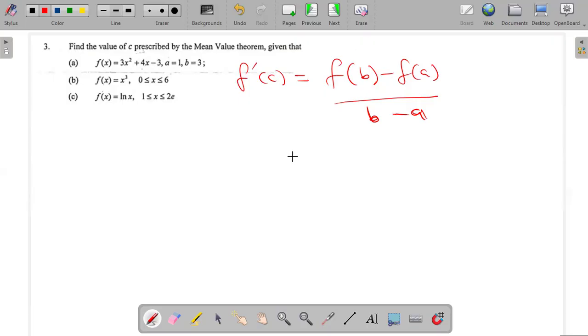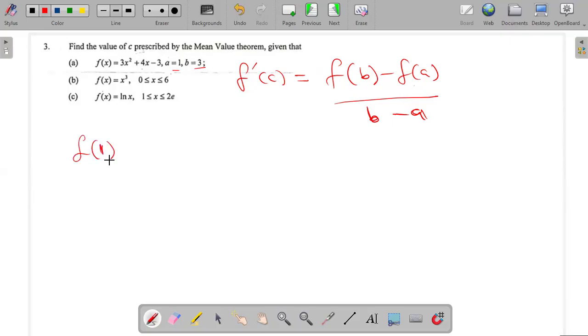It actually affirms that the slope of a line is just when you differentiate and evaluate at that point where you are, then you get the slope at that point. Now, in this case, we've been given our a and our b. So the first thing we do is find f of a and f of b.